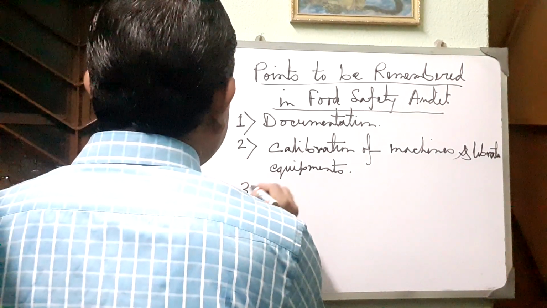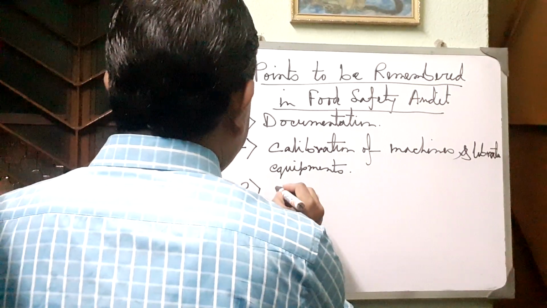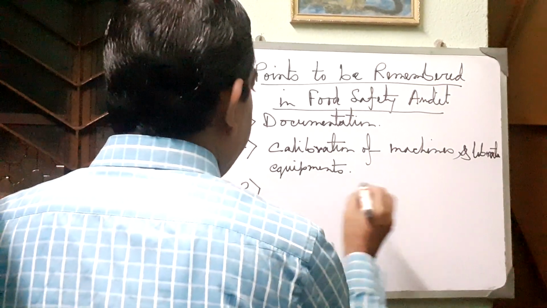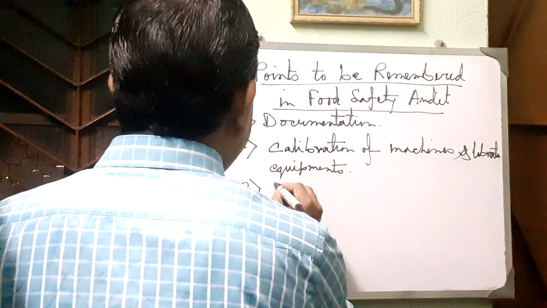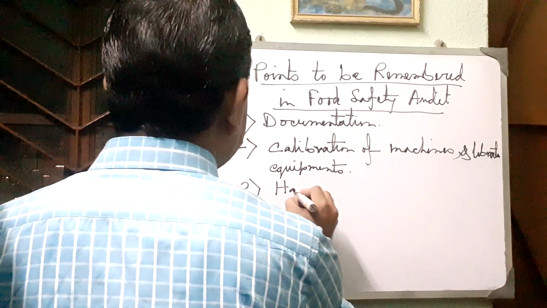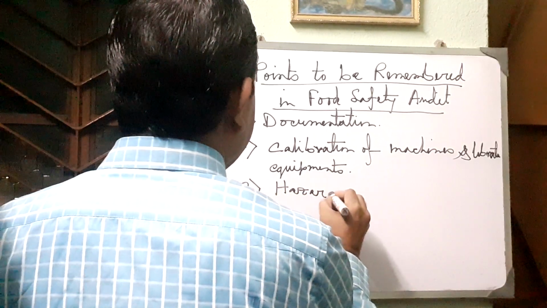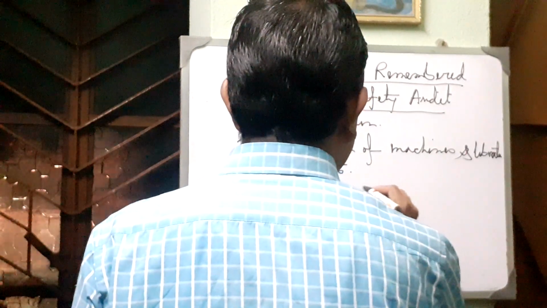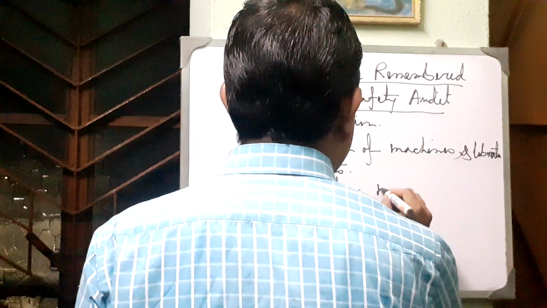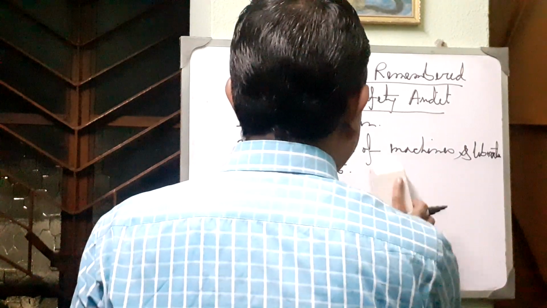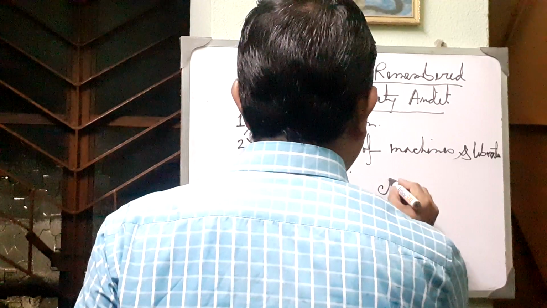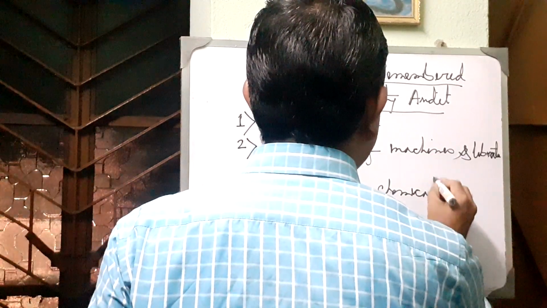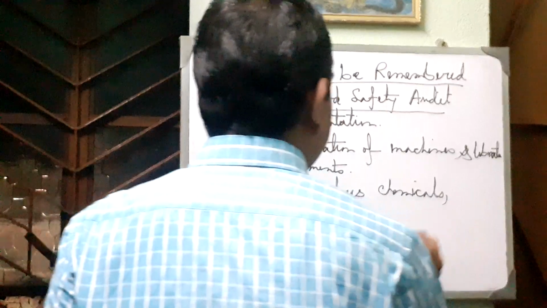The third point is hazardous materials and hazardous chemicals like caustic, acids like nitric acid, sodium hydroxide, and H2O2. These hazardous chemicals should be kept under lock and key in a separate place.